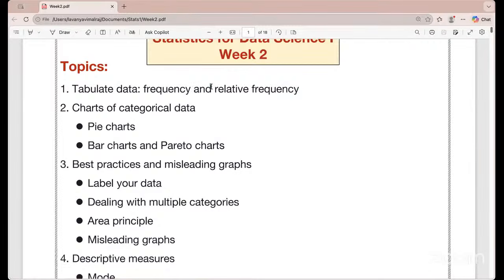Once we have the relative frequency or frequency table, we can also form graphical representations, which are pie chart, bar chart, and Pareto charts. To make a well presented chart without any errors, there are some specific practices, and to avoid errors we have certain principles also, that we will be seeing.